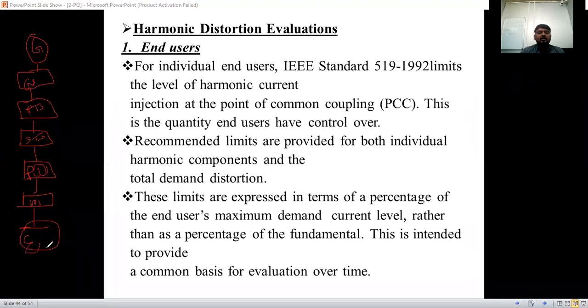It can be your house wiring or whatever load you are using on the end side, that is called the end user.